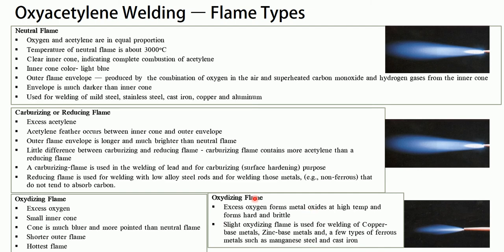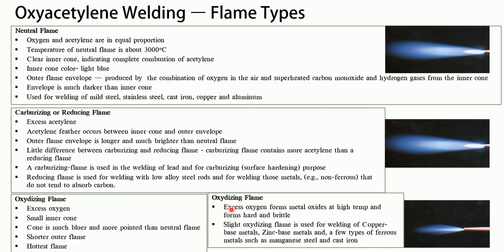If we try to use this type of flame on ferrous metals or alloys that react with oxygen, metal oxide forms by absorbing that excess oxygen, and a hard and brittle alloy is formed.